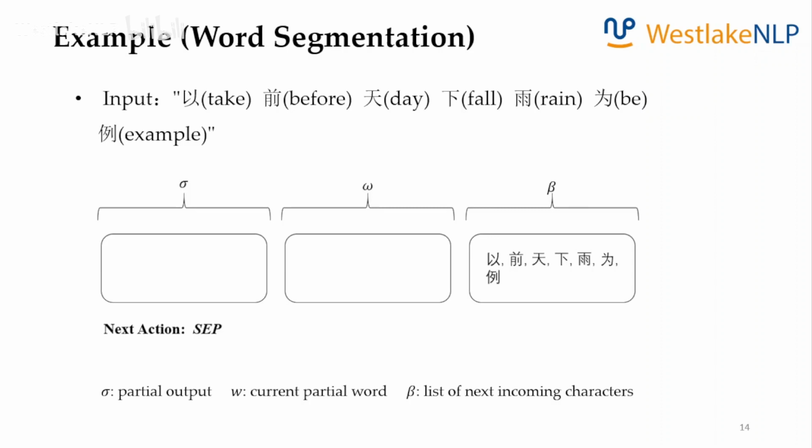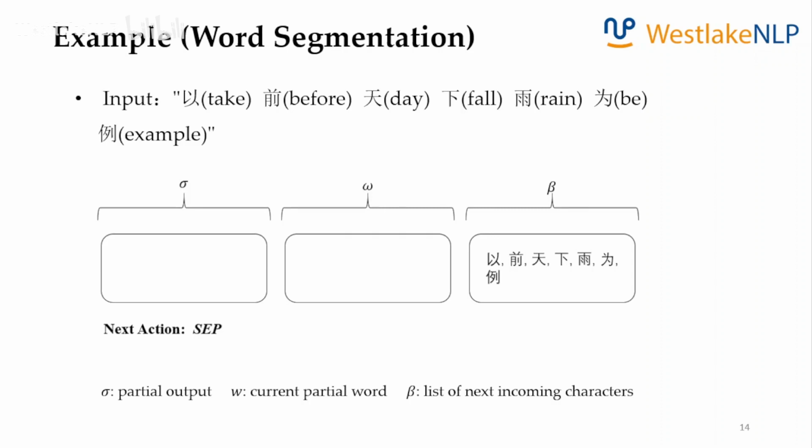Okay. Now let's take Chinese word segmentation as an example. So the input sentence consists of 7 Chinese characters. And our goal is to incrementally process these characters and build a word sequence in sigma. The initial state has all the input in beta.